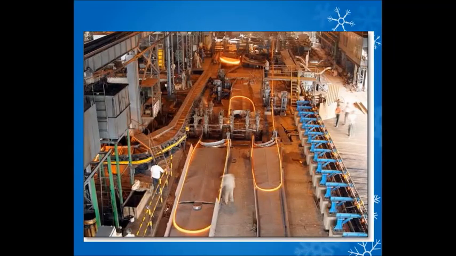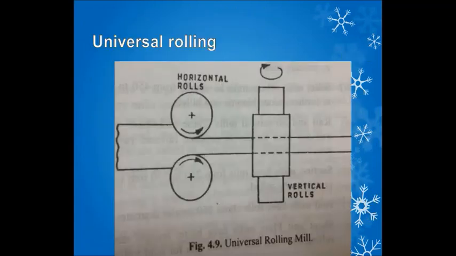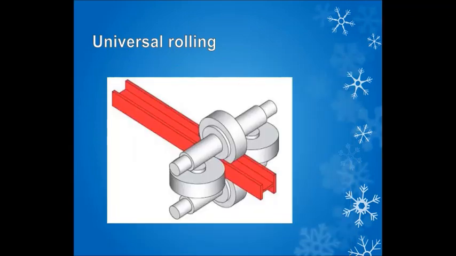Rolling mill classification: universal rolling mill, both horizontal and vertical. Vertical rolls are mounted in either one direction or two directions. Universal rolling mill has horizontal roller and vertical roller. So various channels are produced with the help of this universal rolling mill.